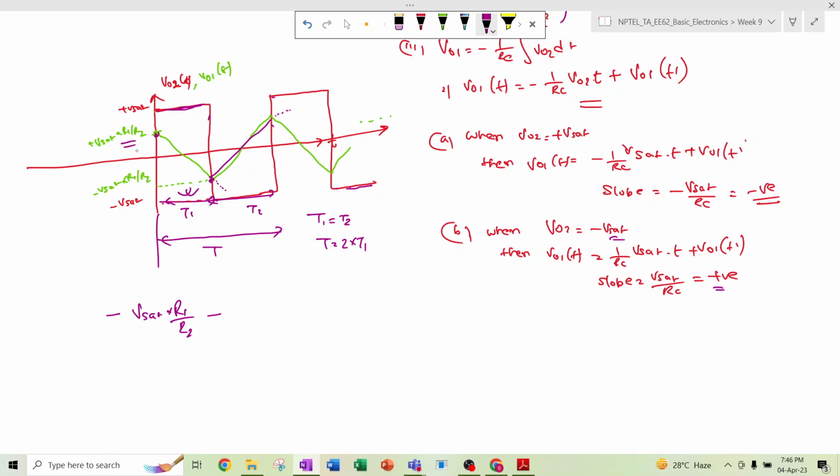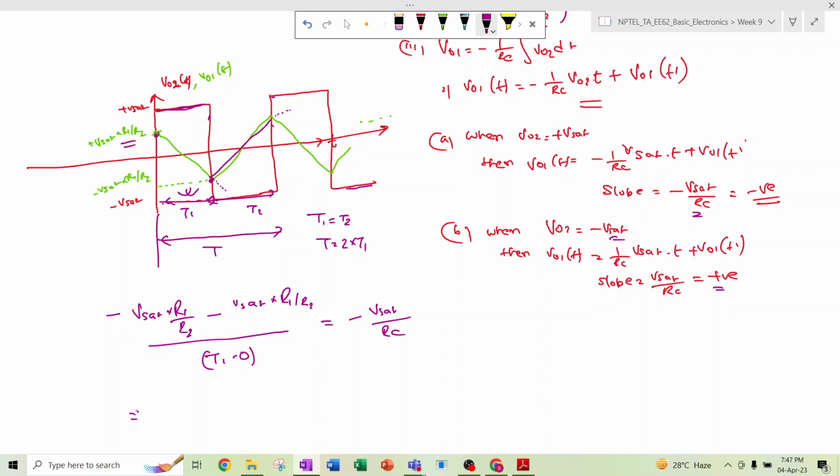So y2 minus y1 divided by x2 minus x1 is equal to the slope, right? So y2 minus y1 is 2 Vsat into R1 by R2, divided by the time period, that is T1 minus 0, so that is the slope. The slope is minus Vsat divided by RC. Okay, this is the negative slope.